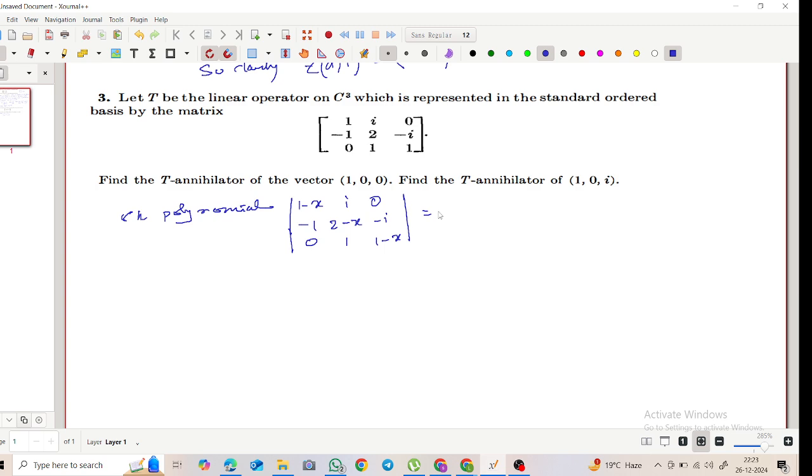So this will be x cube plus 4x square plus (2i plus 5)x minus 2i plus 2.